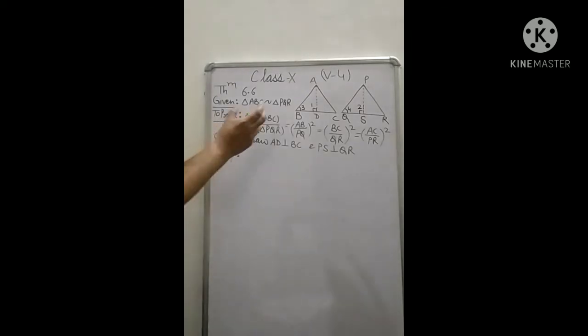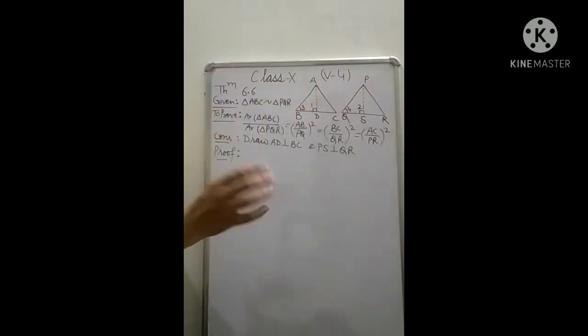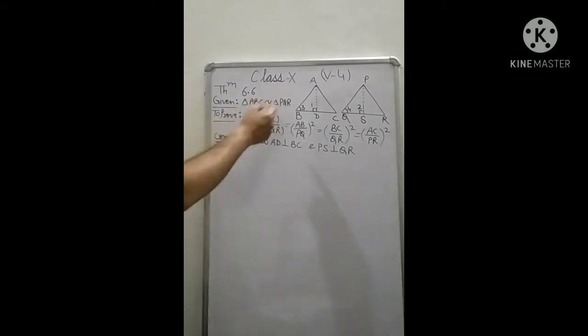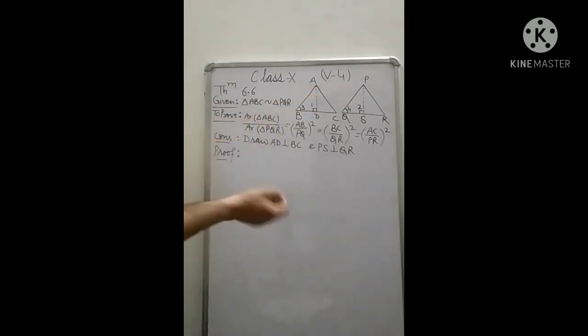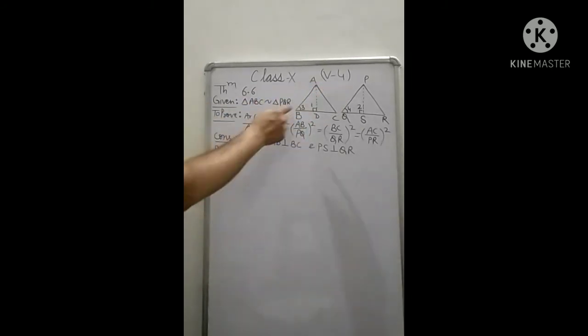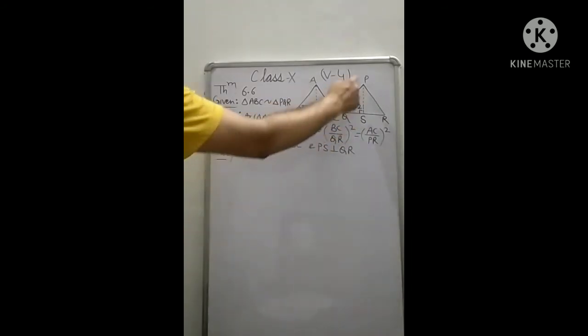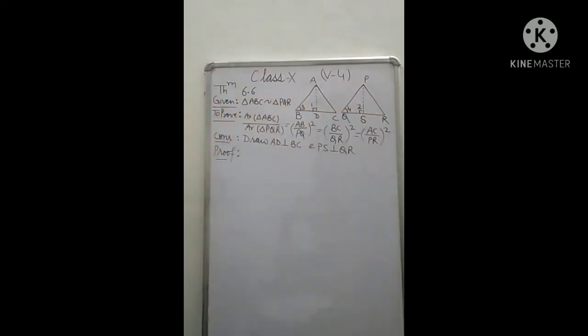Means we are given triangle ABC and triangle PQR are similar, and we have to prove that the ratio of their areas, that is area of ABC by area of PQR, is equal to the ratio of the squares of their corresponding sides, means (AB by PQ) whole square, (BC by QR) whole square, (AC by PR) whole square. This we have to prove.